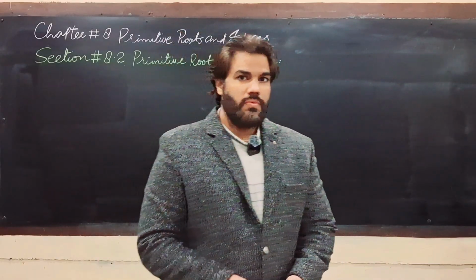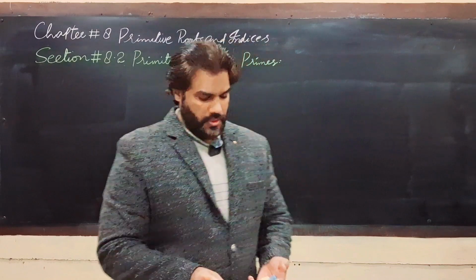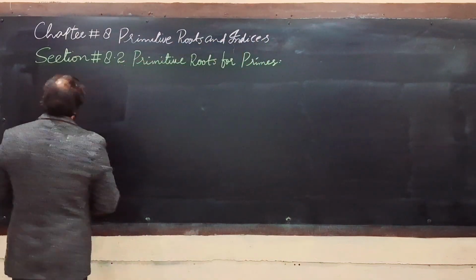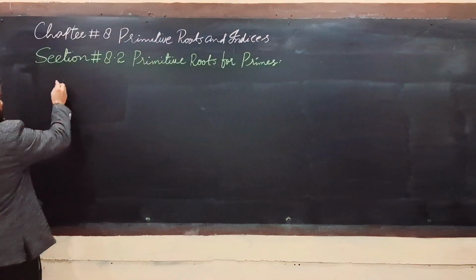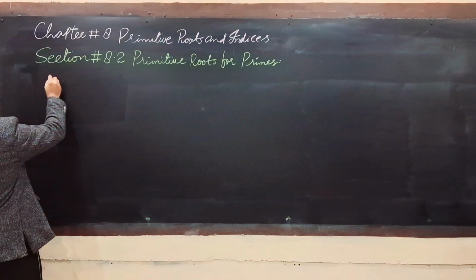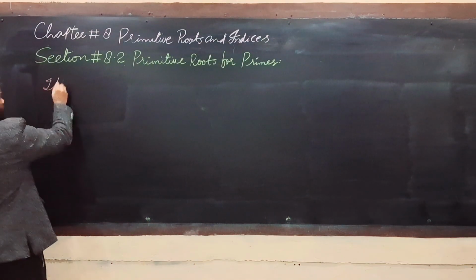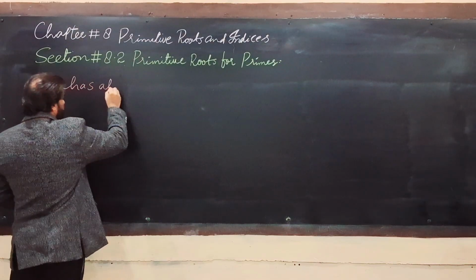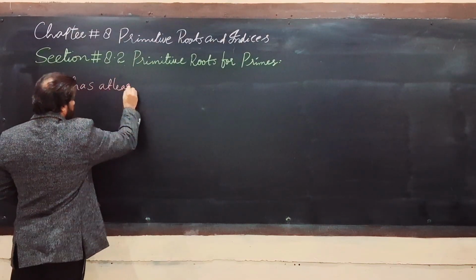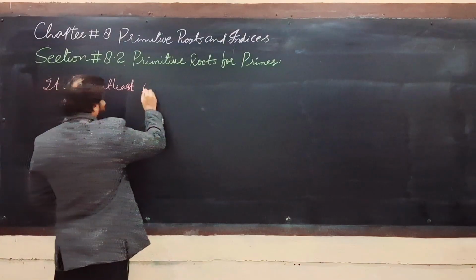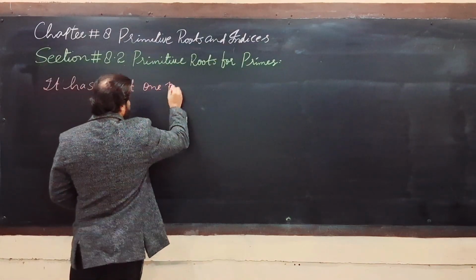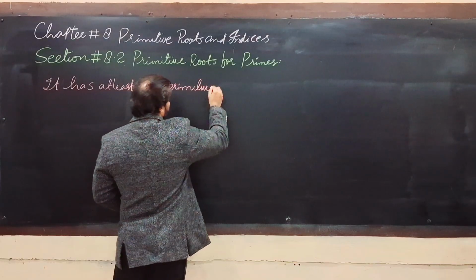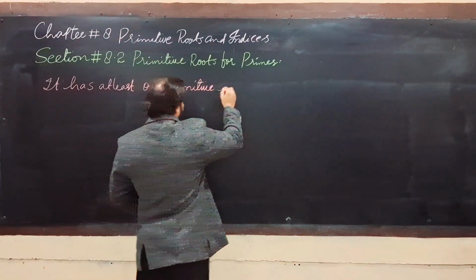But in this section, we will discuss that every prime number p has a property that it has at least one primitive root.